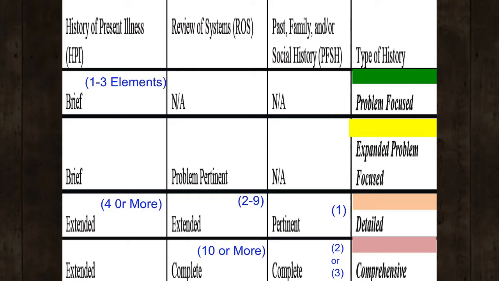For review of systems, you don't need any for problem focus, but you need a pertinent for expanded. Extended is 2 to 9, and complete is 10 or more. And for family, you don't need any in problem focus or expanded problem focus, but you need 1 in detailed, but depending on whether it's a new patient, you need 3, or an established patient, you'll need 2 under comprehensive.